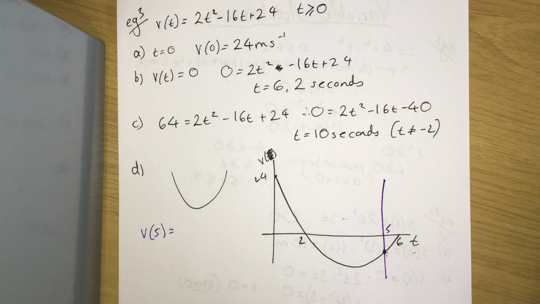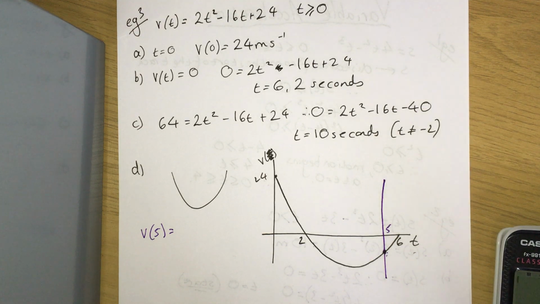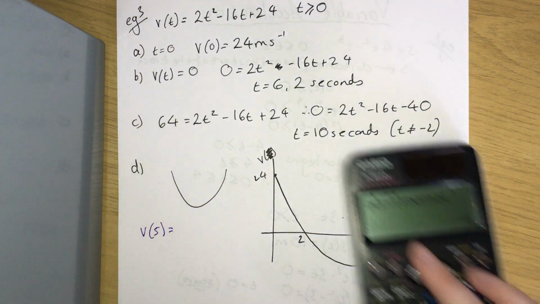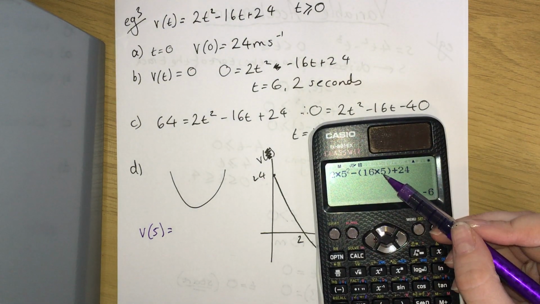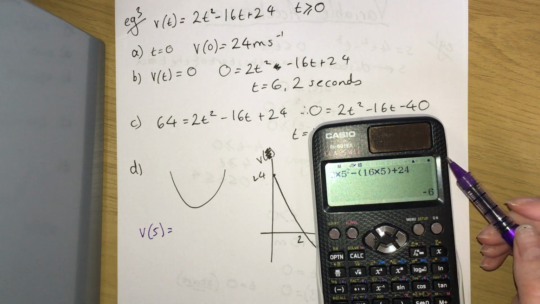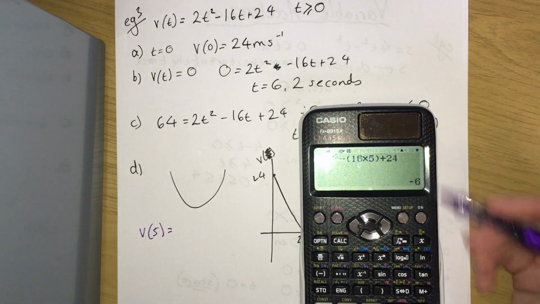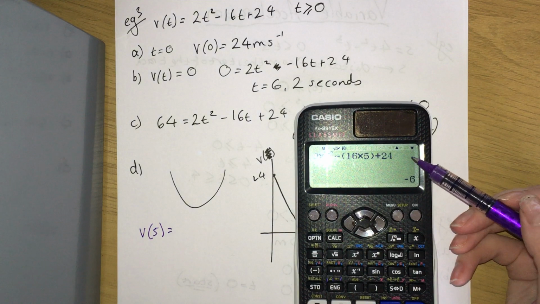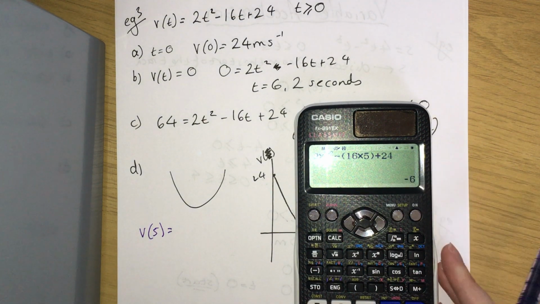Based on that graph, it should be negative. 2 times 5 squared. Subtract 16 times 5 plus 24. Oh, now I've got a positive answer. Oh, I think I possibly put 16 times 2. I can't quite remember what I did. I'm sure there's a way to rerun this and figure out what I did, but it doesn't matter. Just shows you what you need to do.